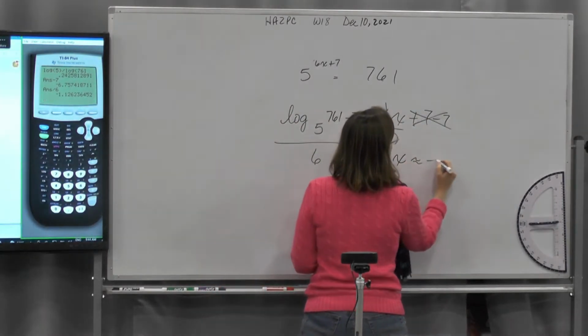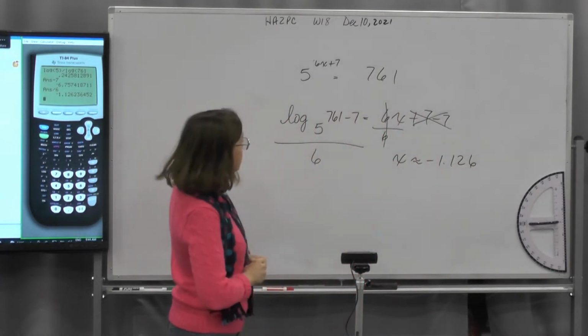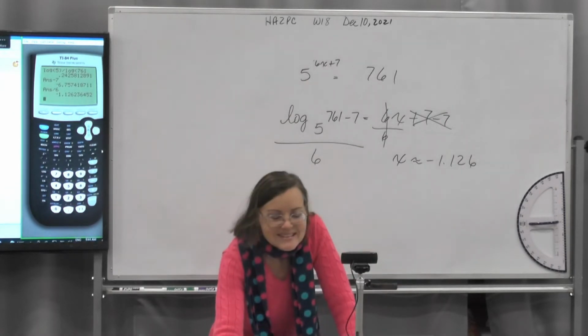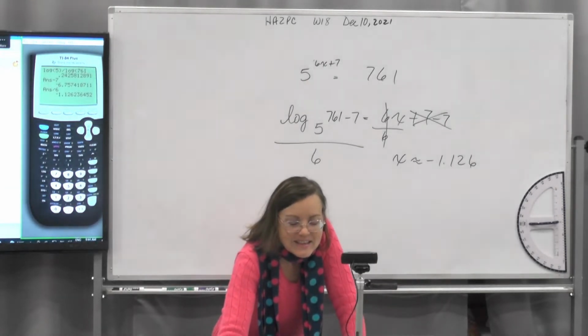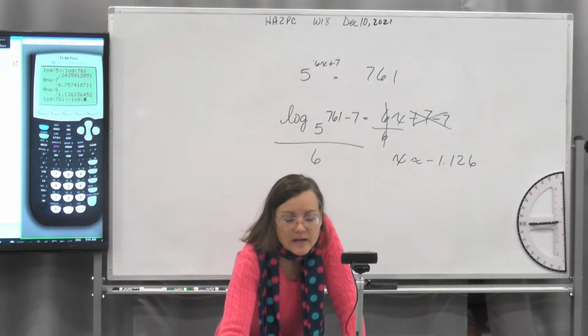So I have a question. Sure. Because didn't you say? Oh, I did it backwards. Yeah. Sorry about that, guys. Thank you. Log of 761 divided by log of 5. I'm looking behind me and I reversed it. Okay, there we go. Then I subtract 7.